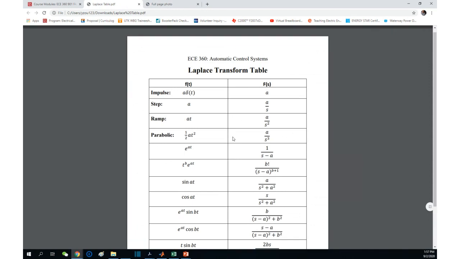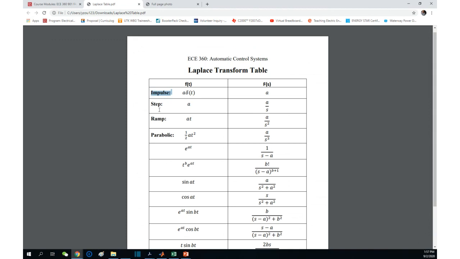This is something probably many of you have seen before. What I want to emphasize are the first four, because they have names. First one is a particular signal. We call it impulse.